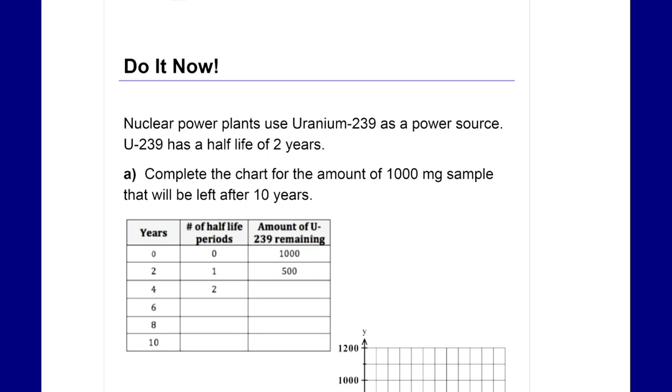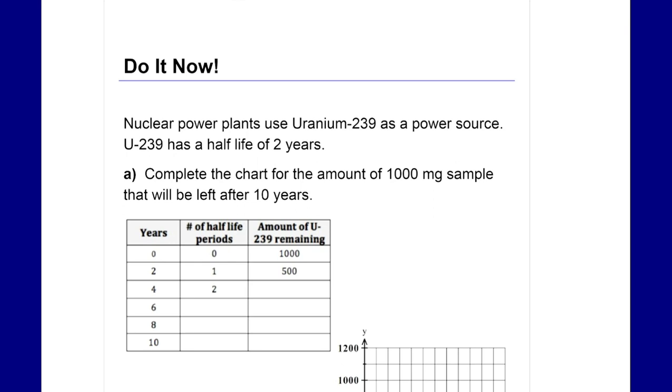We want to complete the chart for a 1,000 milligram sample, and we're going to be looking at 10 years. In year 0, or 0 half-life periods, we're starting with our initial amount. After 1 half-life period, there is 500 milligrams remaining.